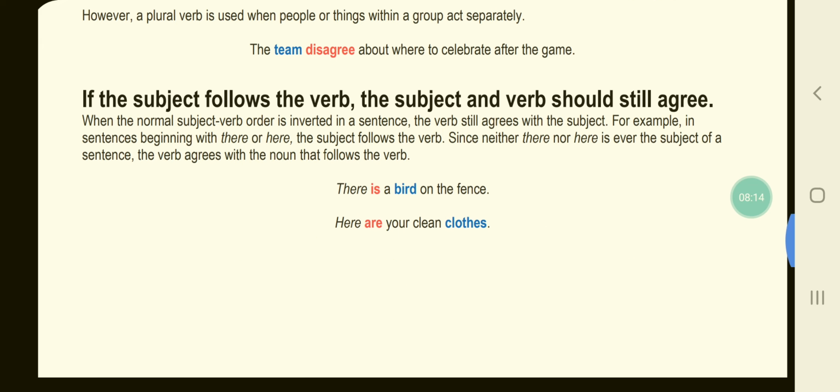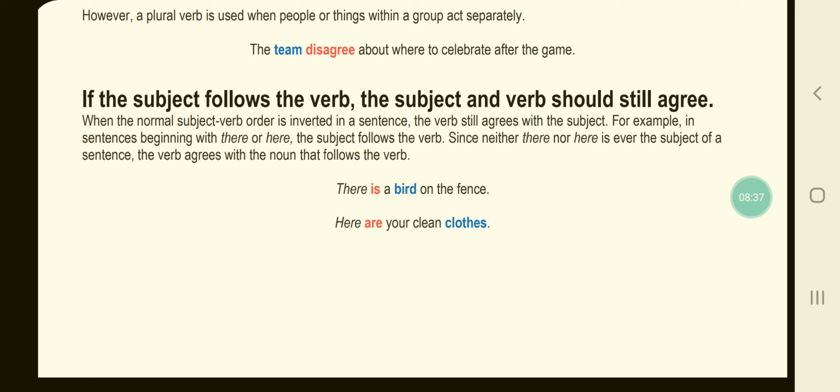Now, children, if the subject follows the verb, the subject and the verb should still agree. So when the normal subject-verb order is inverted in a sentence, the verb still agrees with the subject. For example, in sentences beginning with there or here, the subject follows the verb.